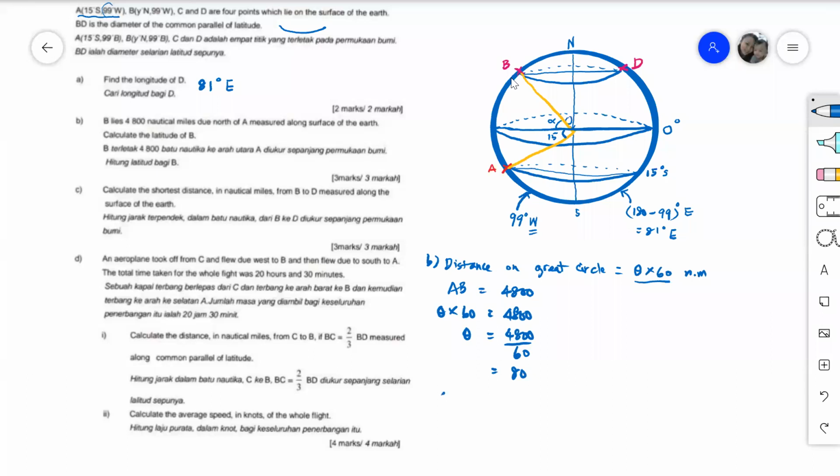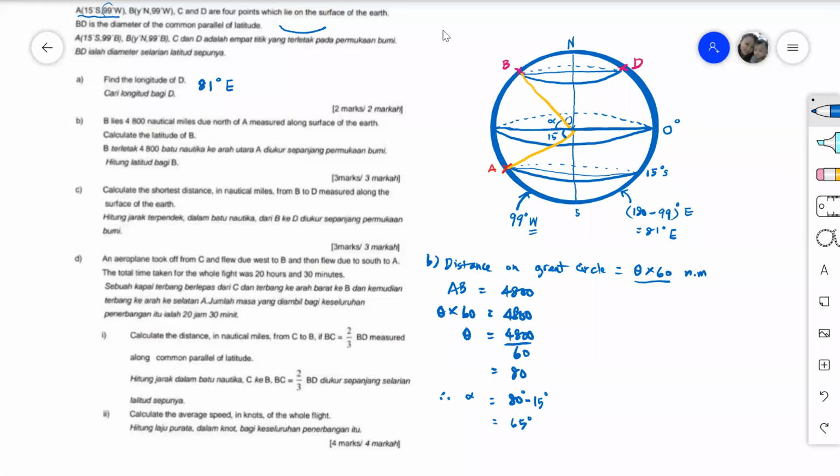Therefore, alpha will be 80 because the angle is from here to here. Alpha plus 15 is 80. Therefore, alpha will be 80 minus 15 degrees, which gives us 65 degrees.